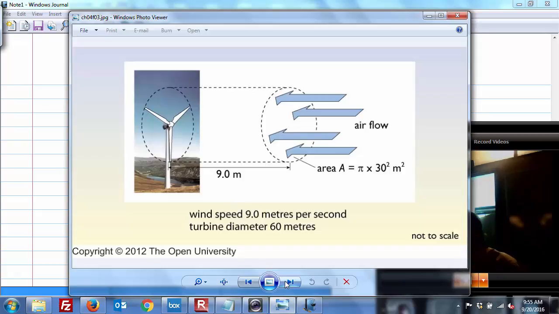When you look at this problem, I don't have photons flying at that wind turbine at the speed of light. I just have air molecules flying at it. How fast is that wind going? Oh, 9 meters per second. So let's run through this problem.